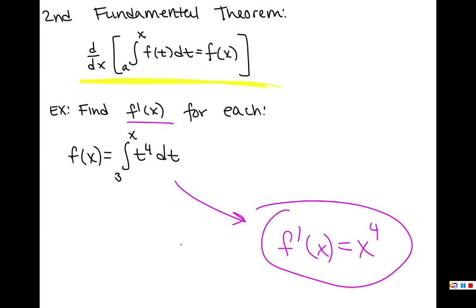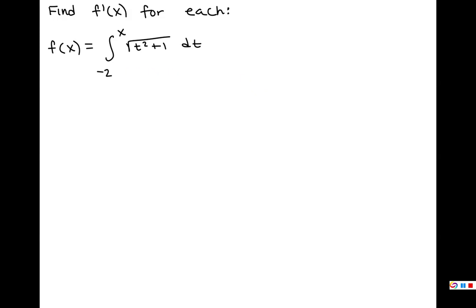All right, let's do a couple more examples with this theorem. So here's another one. Let's find the derivative of the following function. And let's see if we can do this using our shortcut method. In fact, I haven't even told you how to find the antiderivative of this function, because there's no chain rule for antiderivatives. So we're going to have to use the shortcut. So what is the derivative of this antiderivative?